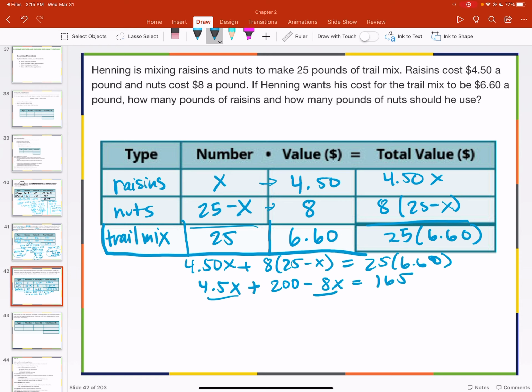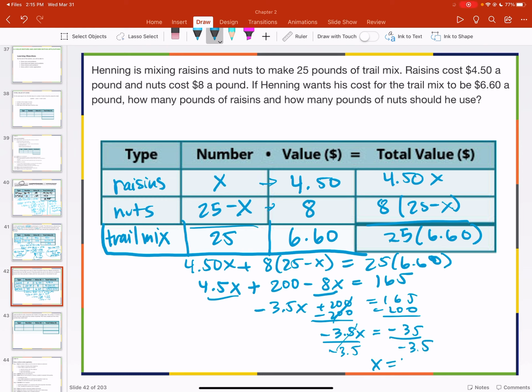Combine like terms, we get negative 3.5X plus 200 equals 165. Subtract both sides by 200. So we get negative 3.5X is equal to negative 35. So divide by negative 3.5. You get X is equal to positive 10.